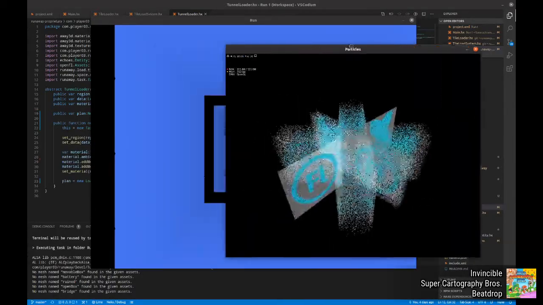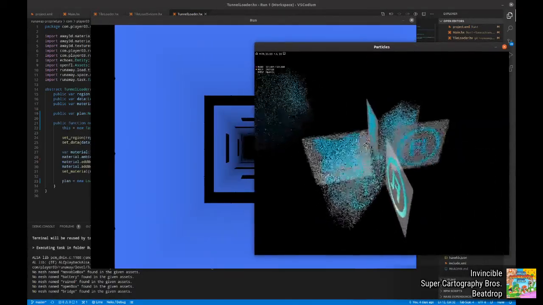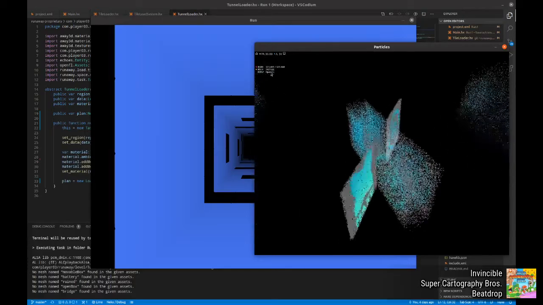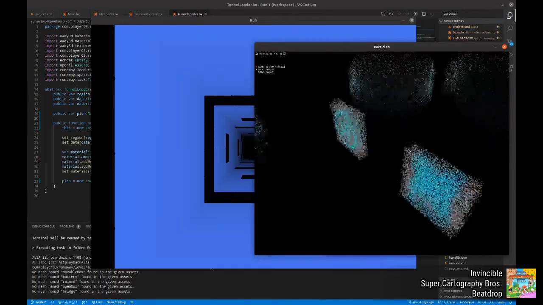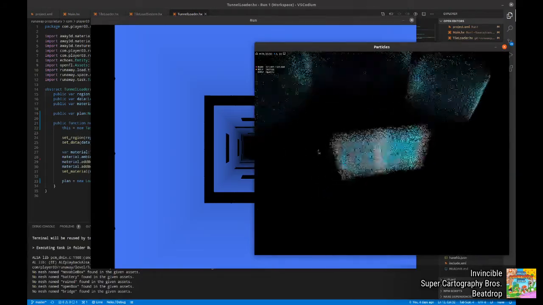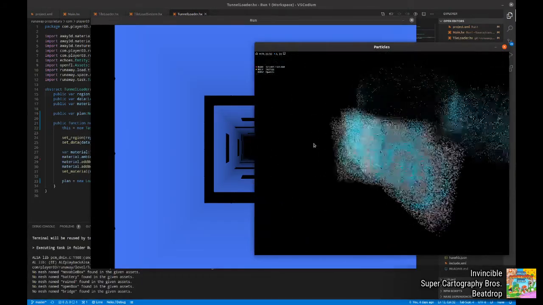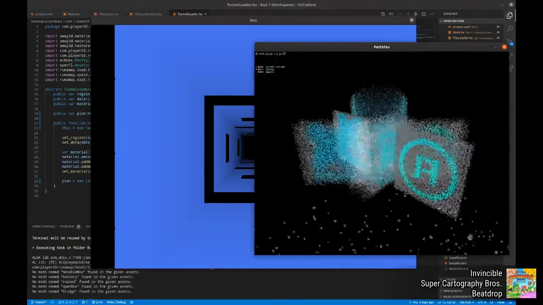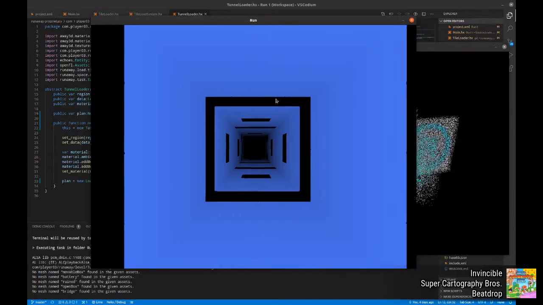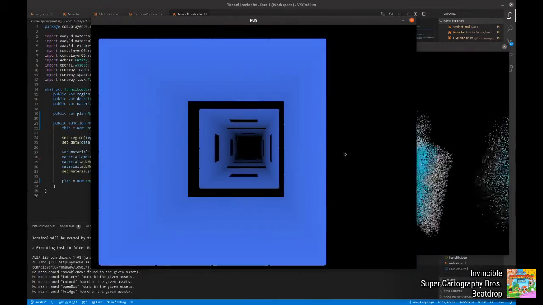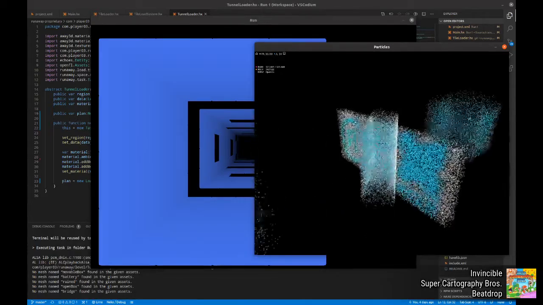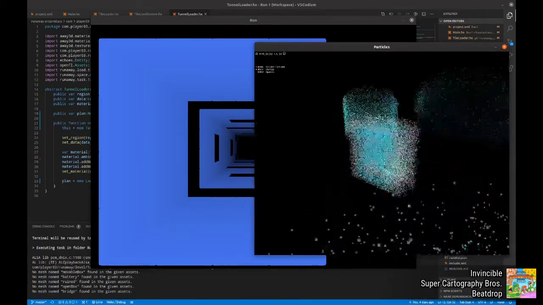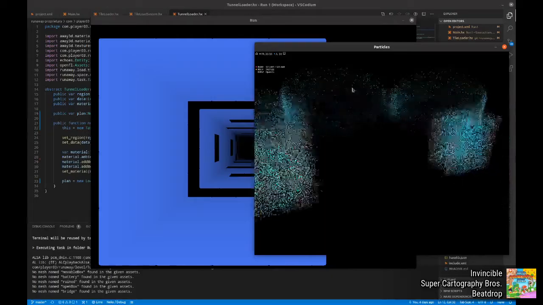So the fact that I can have, in theory, 262,000 crumbling tiles running at full speed. Okay, no, that's an exaggeration. These particles are a little more complicated than these ones, so it's a bit worse, but not much.